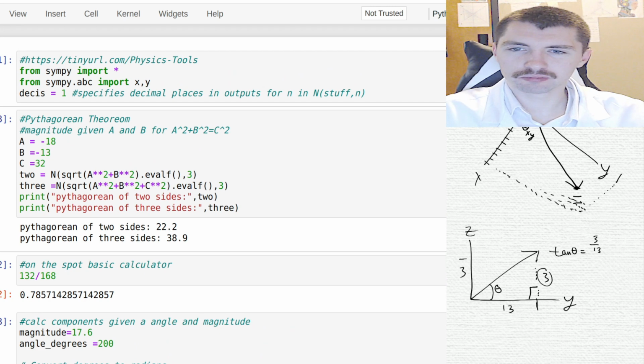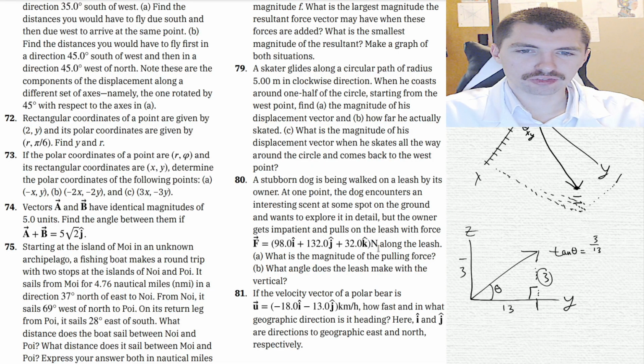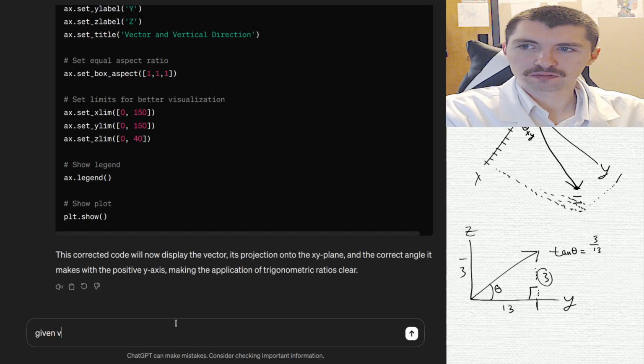Okay, so 3 dimensions are kind of tough. Vector 10, 13, 3.